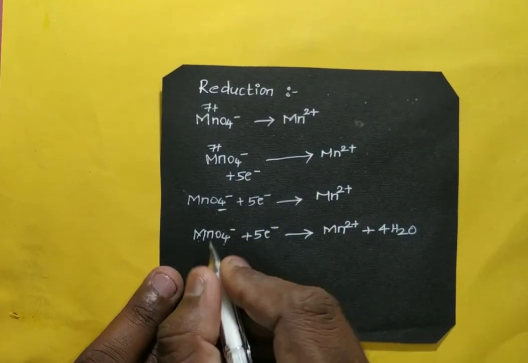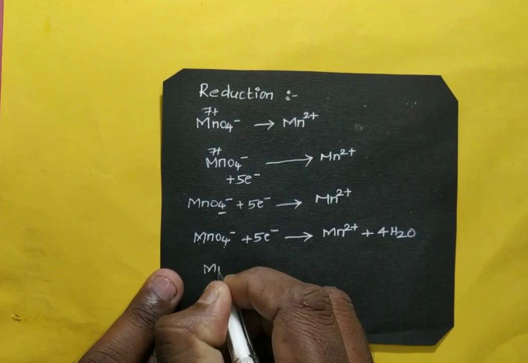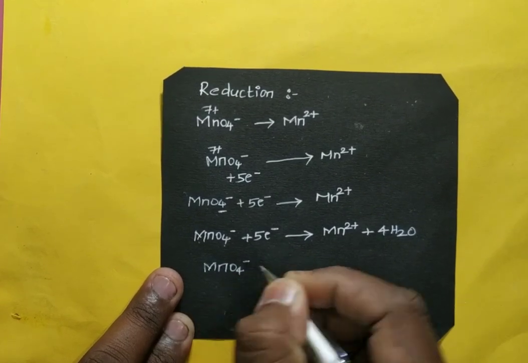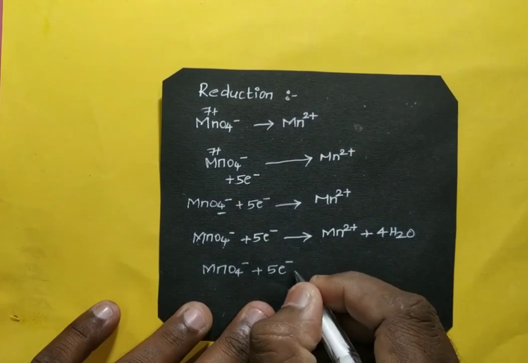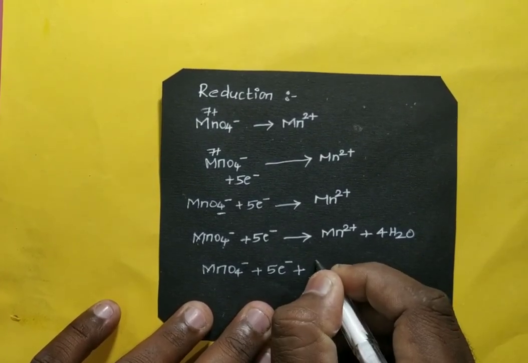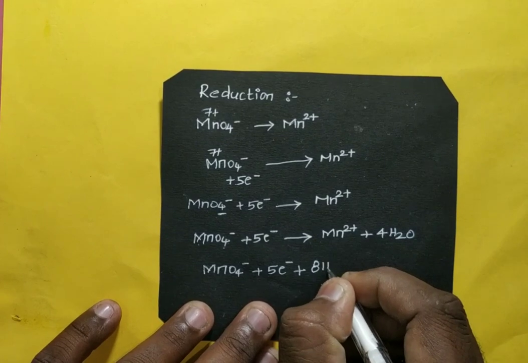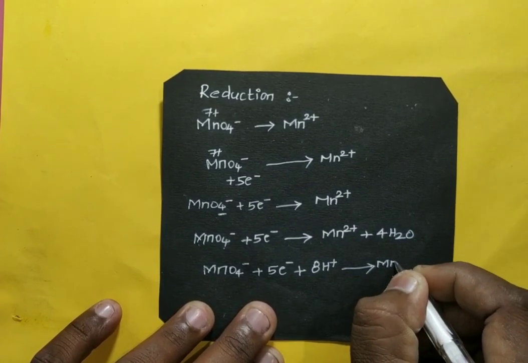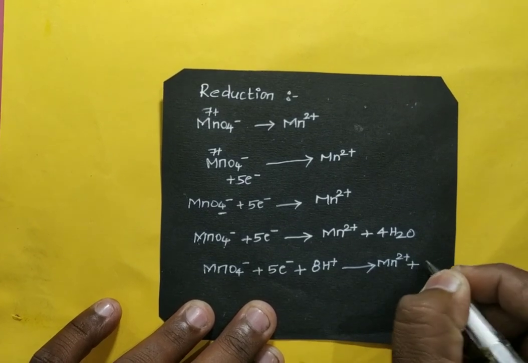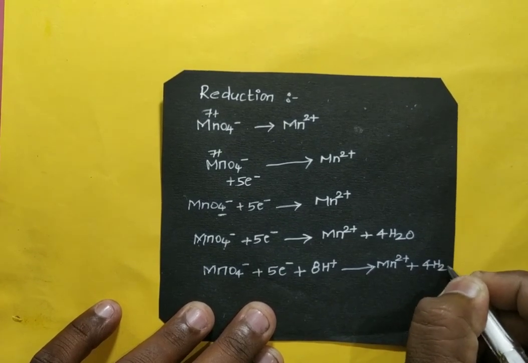So the reaction is MnO4 minus plus 5 electrons, which we already balanced, plus 8 H plus ions, gives Mn2 plus with 4 H2O.